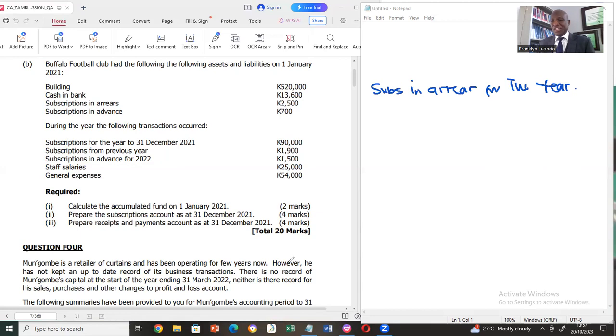Therefore, subscriptions in arrears are income of the year. It must be included in the income of the year. That is subscriptions for the year plus subscriptions in arrears. And in the statement of affairs, subscriptions in arrears for the year are reported under current assets because it's an asset, current assets.